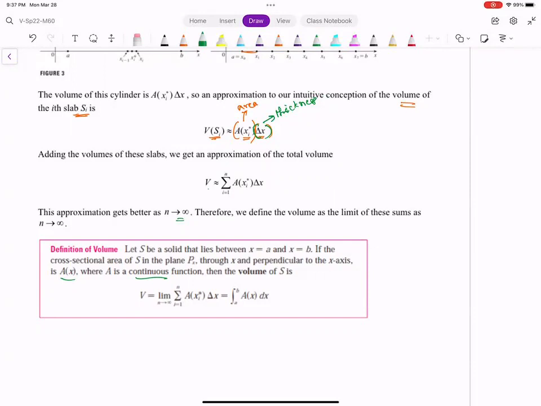The Riemann sum is a big sum, and a big sum is usually denoted by an integral, an elongated S. So the volume of the solid is the integral from a to b of A of x dx.